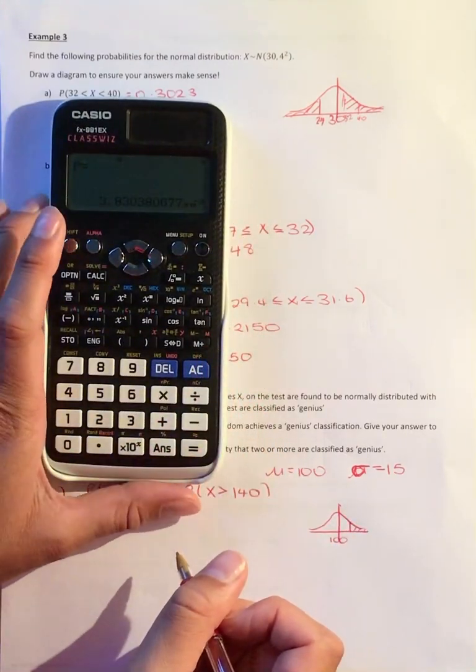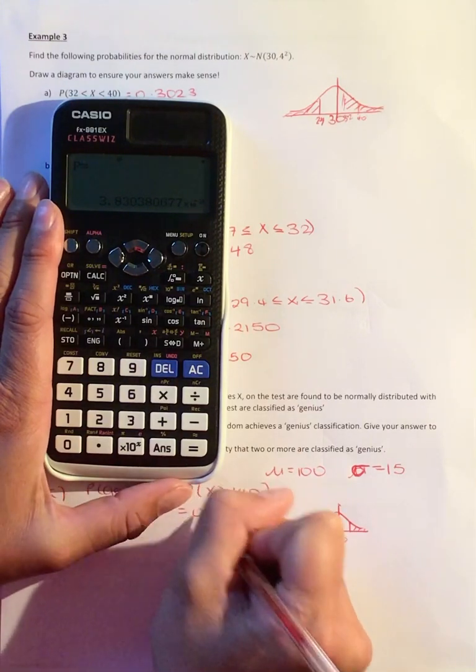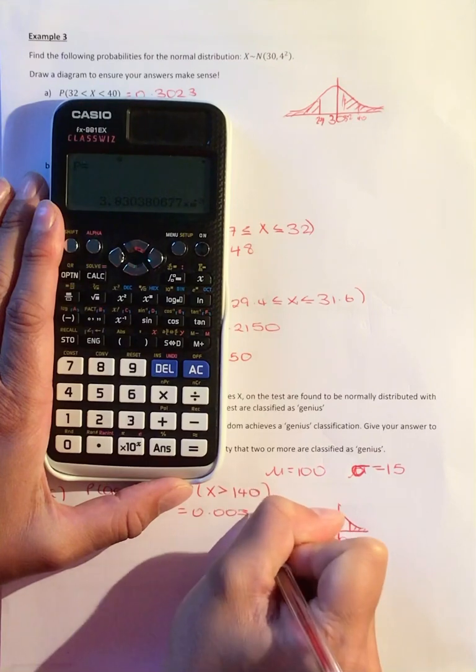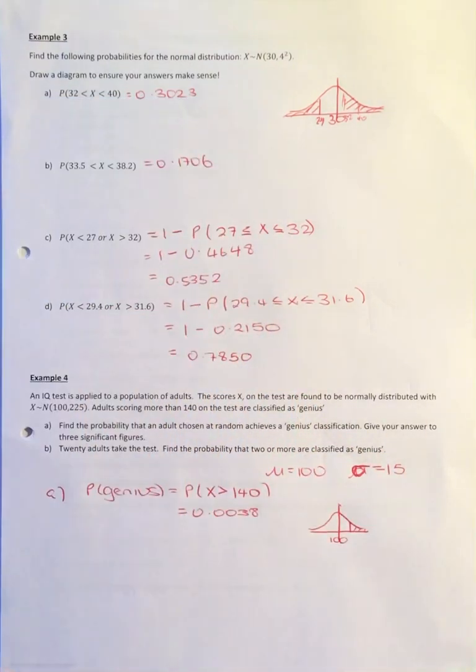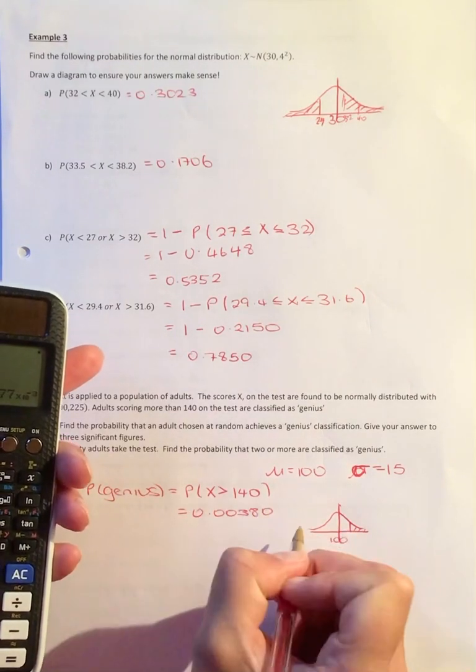So the probability is 3.83 times 10 to the minus 3, so 0.0038 to 4 decimal places. Oh, but we want 3 significant figures, so we need another figure on there.